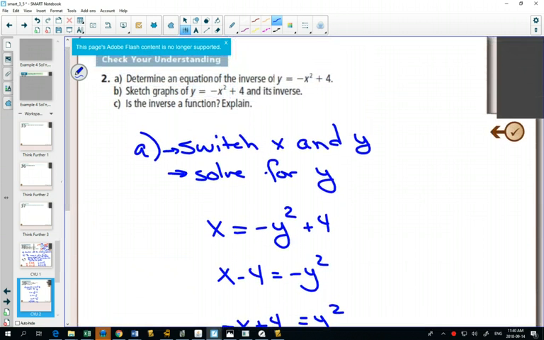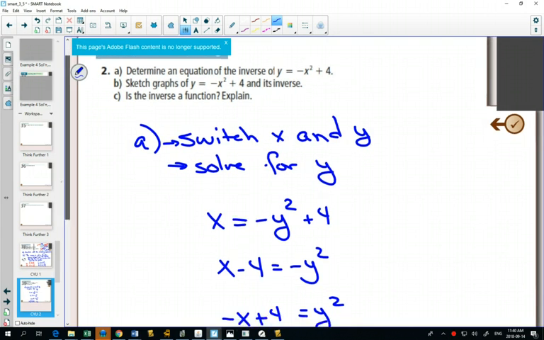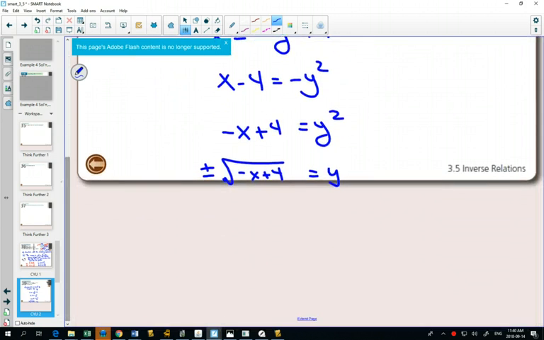Is the inverse a function? We don't have a graph, but is that inverse a function? No. Why not? It just feels like it's a no. Could the inverse be a function if the first one isn't?